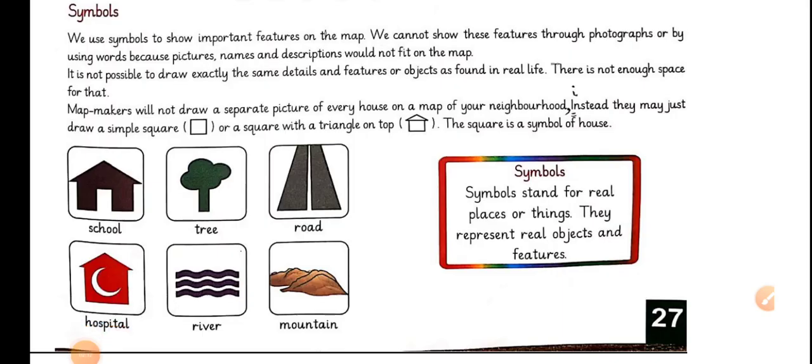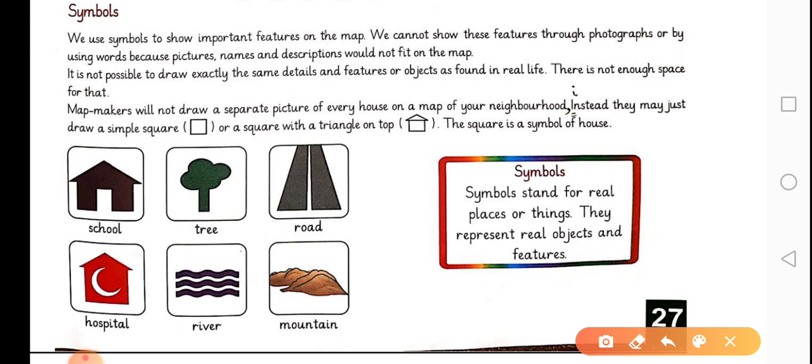The next thing that we are going to learn today about the maps is the symbols. You know, students, the map is actually a piece of paper. So whenever we are telling about the important places in a map, instead of drawing those places or writing their names, we draw a symbol. Symbol is a small design or a small sign.